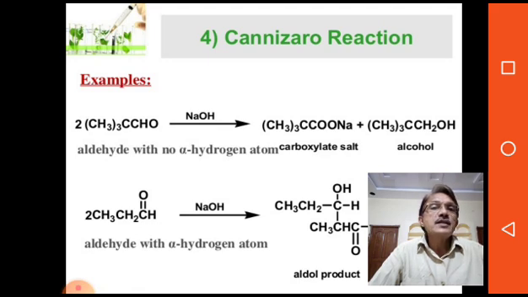So this aldehyde doesn't contain an alpha hydrogen atom. An aldehyde with no alpha hydrogen undergoes Cannizzaro reaction.